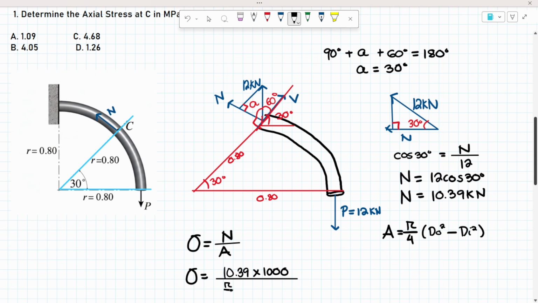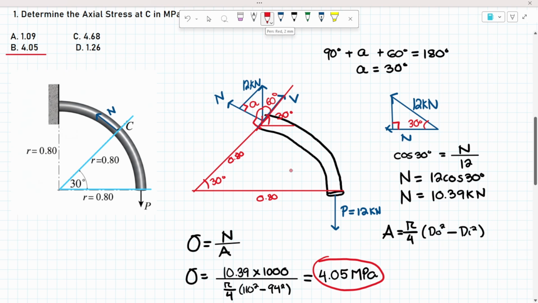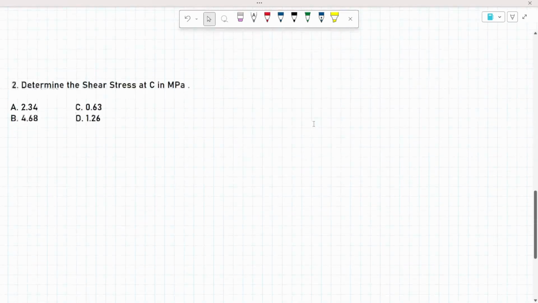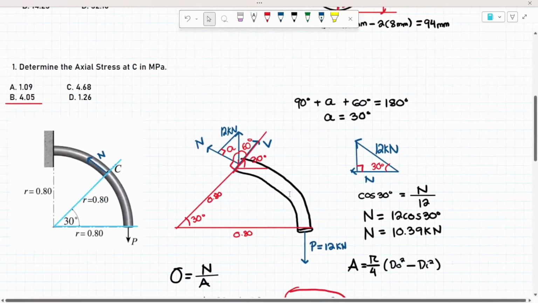Then pi over 4. The d outer, that is 110 squared minus 94 squared. With this, we can now solve for the axial stress, that is 4.05 MPa. And base the choices, that is letter B. Okay? This is for number 1. Let us proceed to number 2. Let me copy ito.